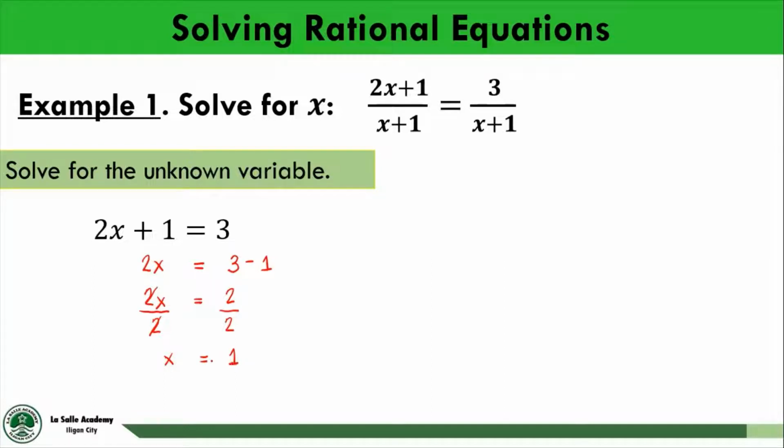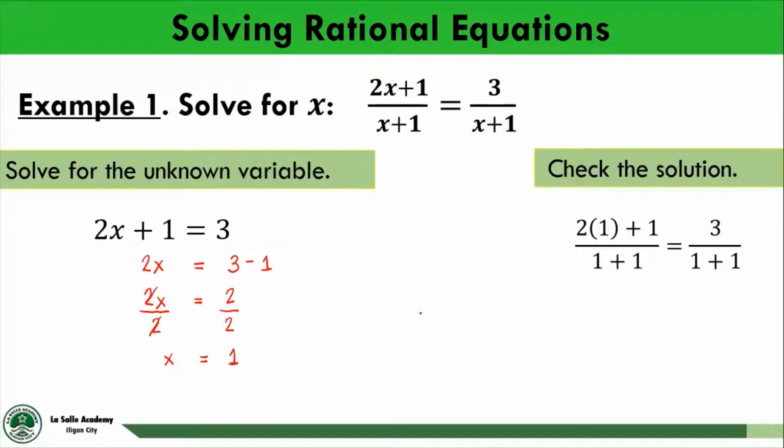Let's check whether our answer, x is equal to 1, is a solution to the equation. To check, you just have to substitute the value of 1. So we have 2 times 1 plus 1 over 1 plus 1 is equal to 3 over 1 plus 1.